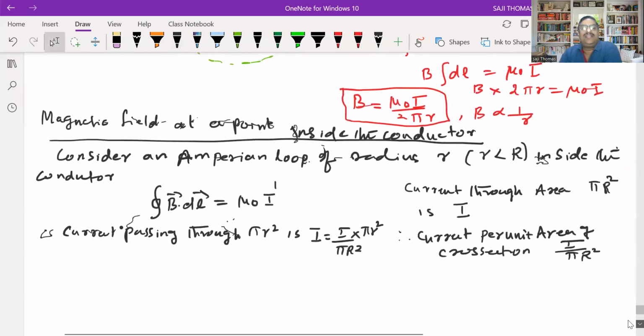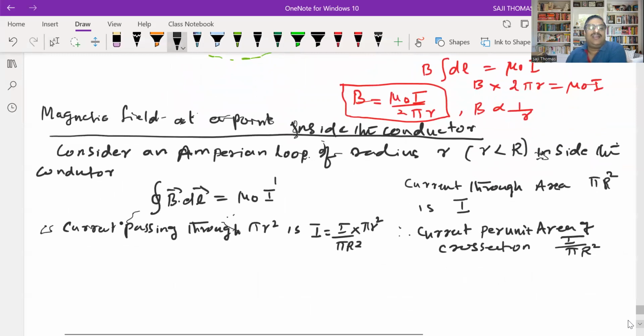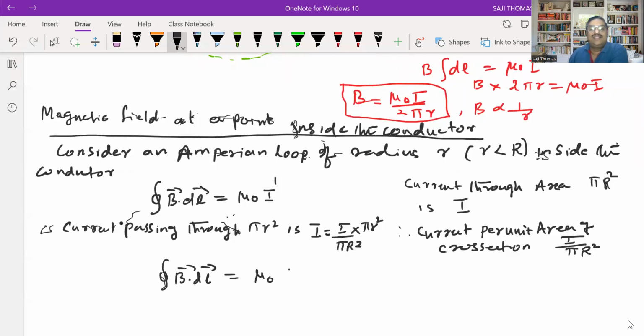Now you put it in the equation, Ampere's law. What is Ampere's law? Closed integral B dot dl equals mu 0 times I dash. What is this I dash?